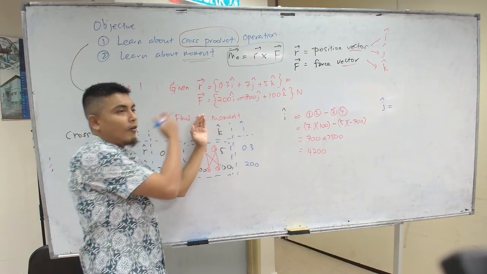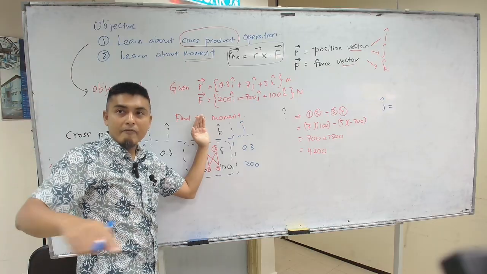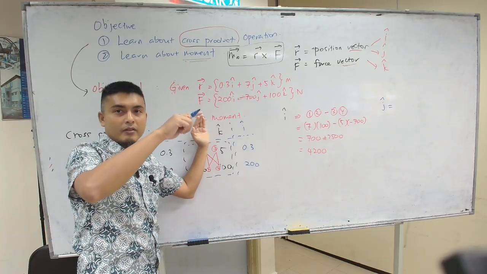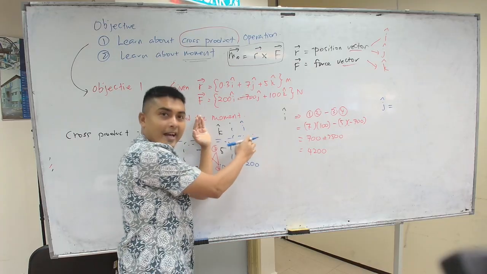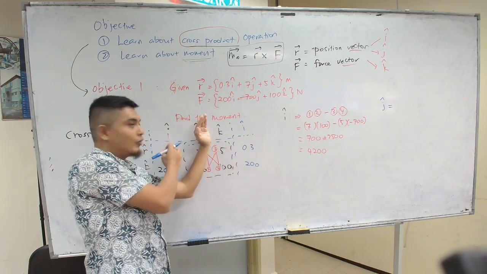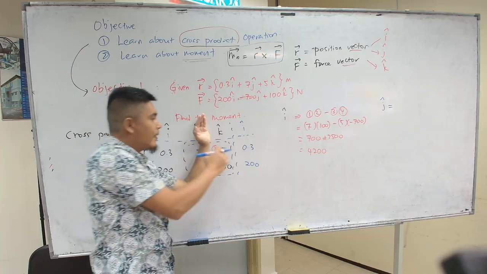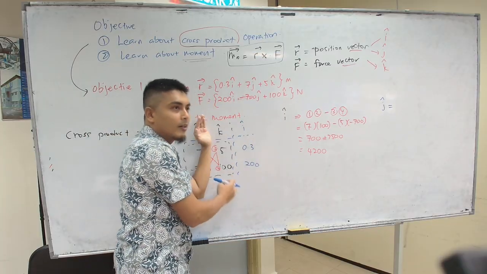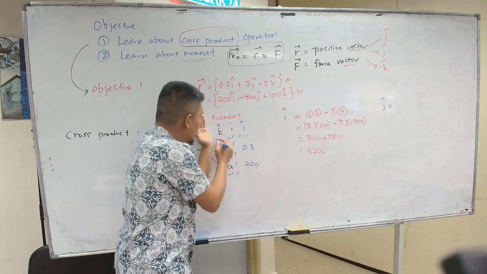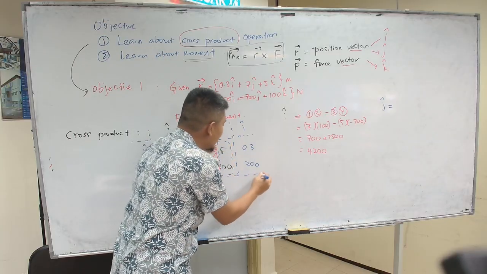Which part, left or right, can form a square box? K and I, is it? Because this one you cannot form a square, but this side you can form a square. So in this case, you need to use this box.